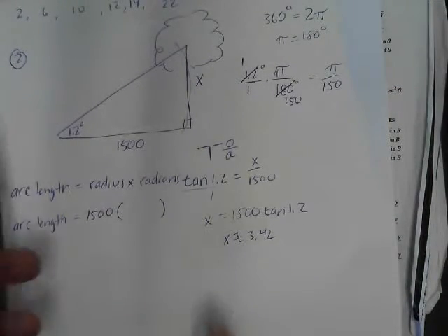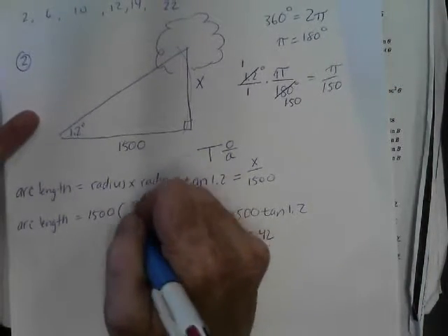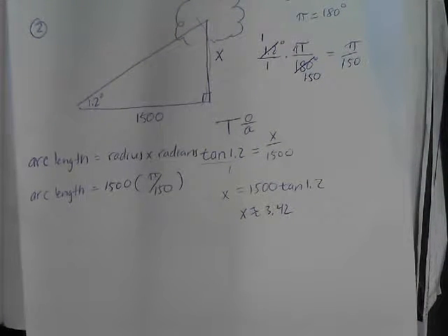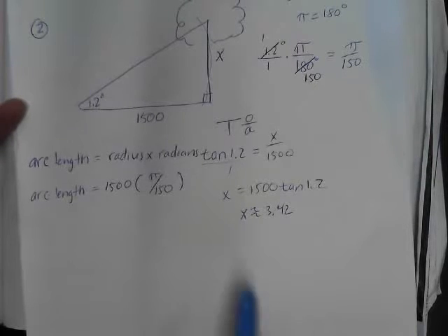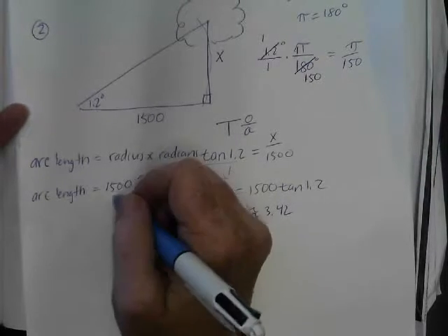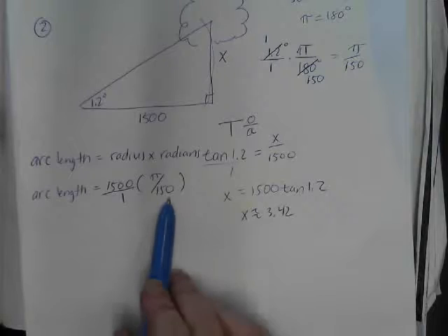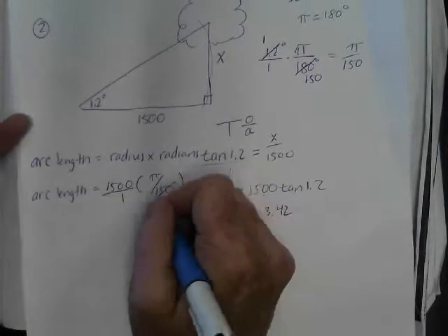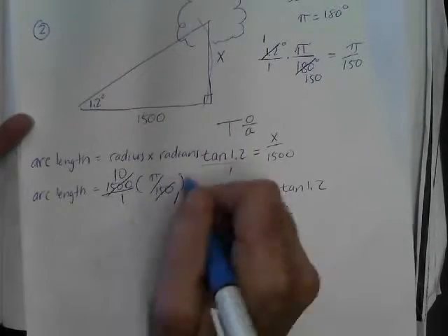And then I can do fraction math right here. 150 goes into 1,500 how many times? 10. So that's a 1 and that's a 10, and then I got 10 times pi.